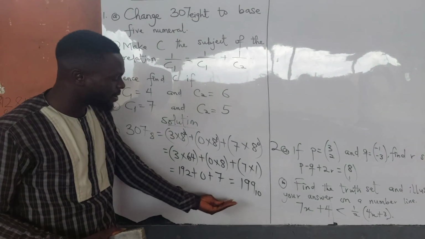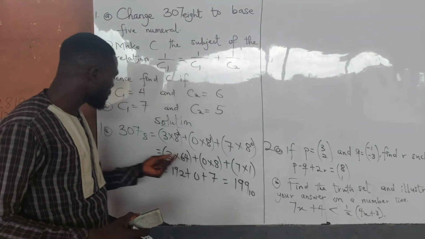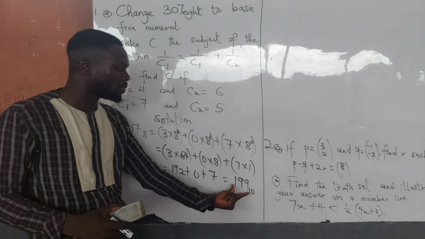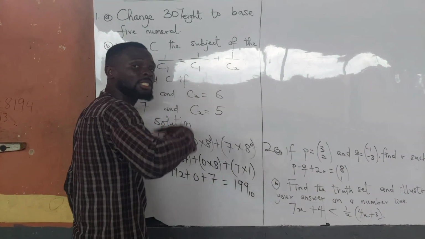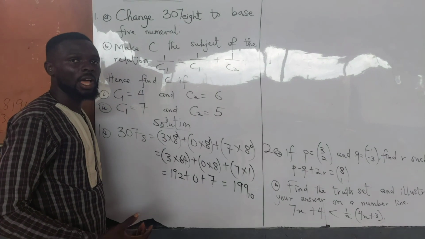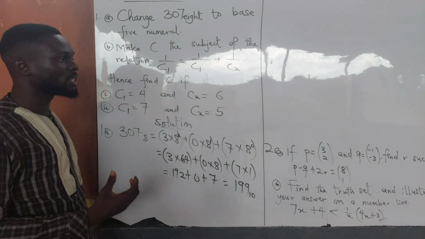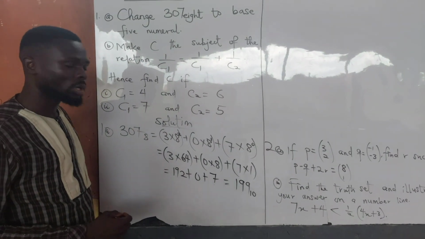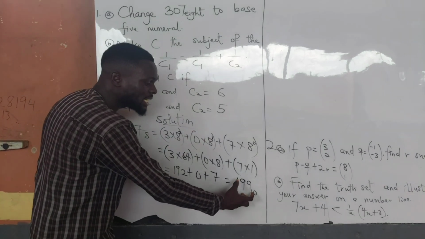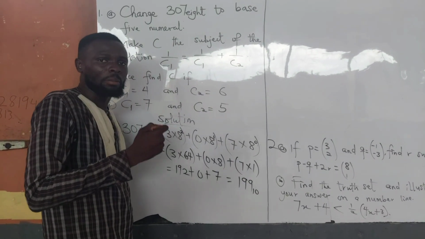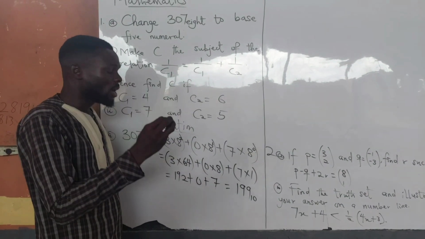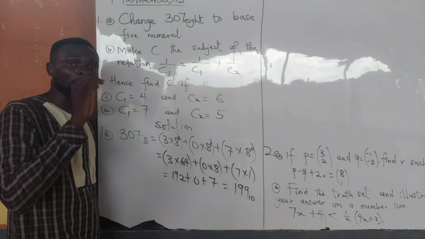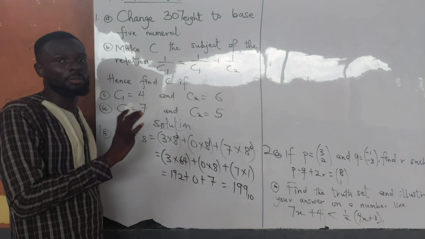Now that we have been able to change the base 8 numeral to base 10, we are going to change this number into base 5. For us to change to base 5, we are going to divide 199 by 5, and we will record the remainder. When it comes to number bases, we are much interested in the remainder.